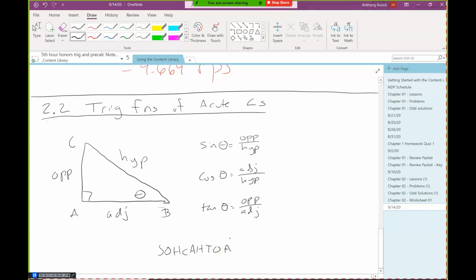That was SOHCAHTOA. Again, that stands for sine, opposite over hypotenuse, cosine, adjacent over hypotenuse, CAH, and then tangent, opposite over adjacent, TOA.